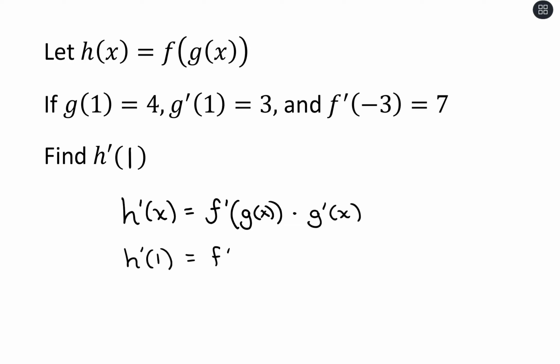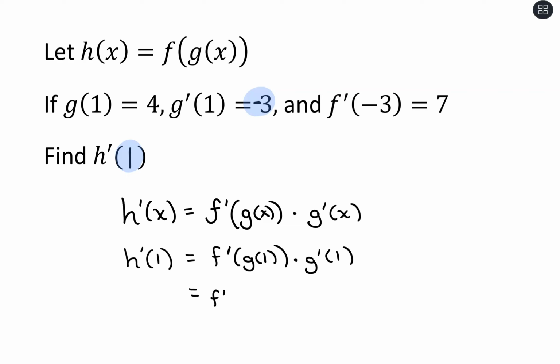I'm going to have one more adjustment to make, sorry. This g prime of 1 we're going to call a negative 3. All sorts of typos there. So I corrected this to a 1 and this to a negative 3 up top. Okay, f prime of g of 1 times g prime of 1.